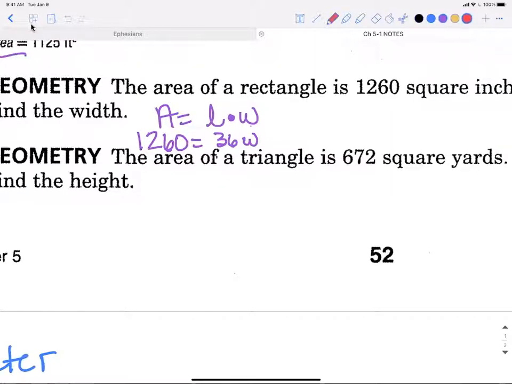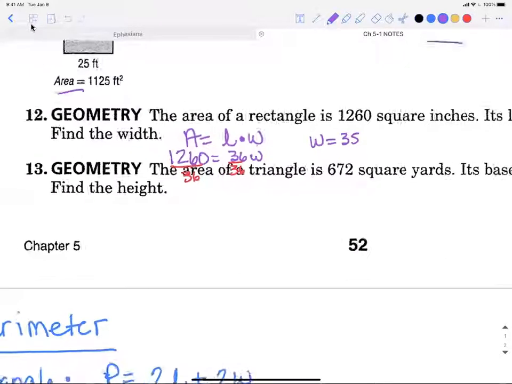And then to solve it, I'm going to divide by 36 and divide by 36. And I get that W equals, when I divide 1260 by 36, 35.